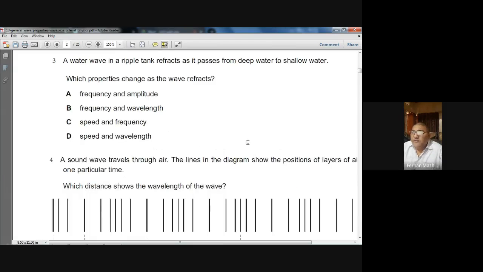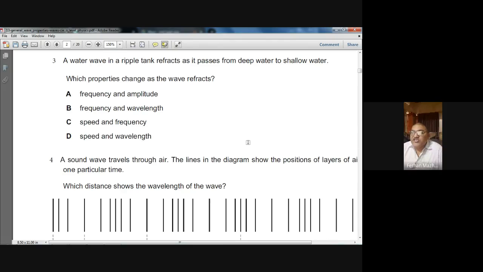A water wave in a ripple tank refracts as it passes from deep water to shallow water. Which properties change as the wave refracts? I have told you many times that the wavelength will decrease. It will change. The speed will decrease. It will change. The frequency will remain unchanged.